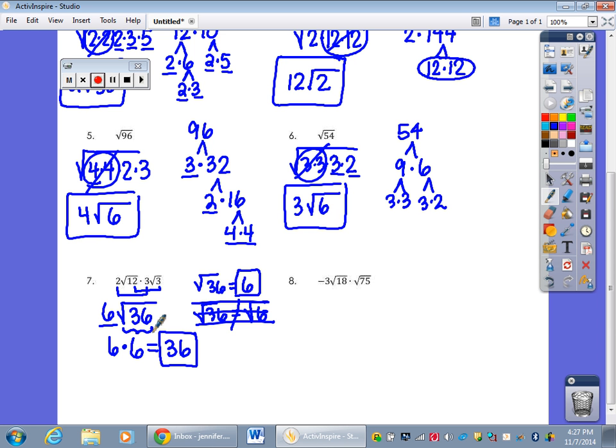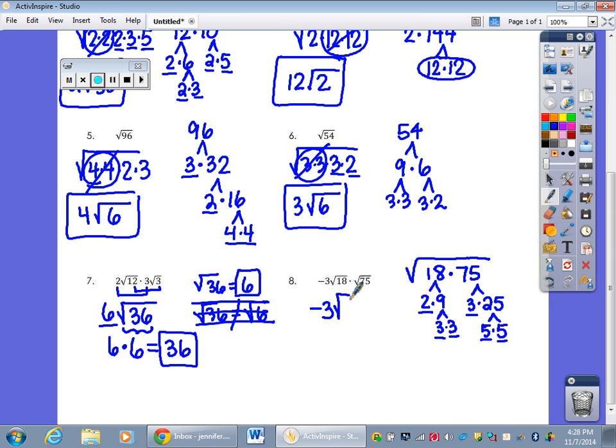Okay, when there are big numbers like this, in class I taught you that you need to just break them down individually. So this is going to be negative 3 times the square root of 18 times 75. So we can just break those down into 2 times 9, which is 3 times 3, and this would be 3 times 25, and 25 is 5 times 5. So we have 2 times 3 times 3 times 3 times 5 times 5.